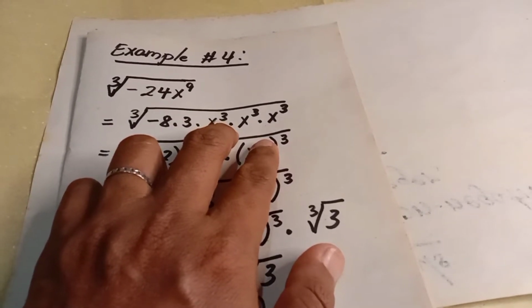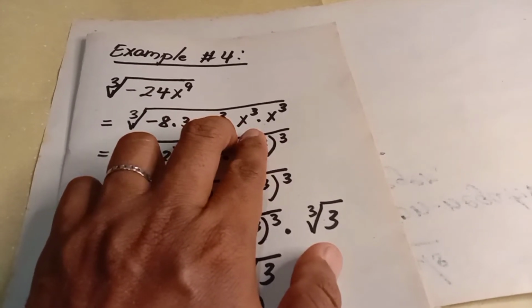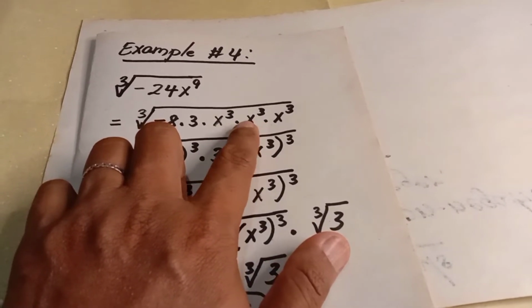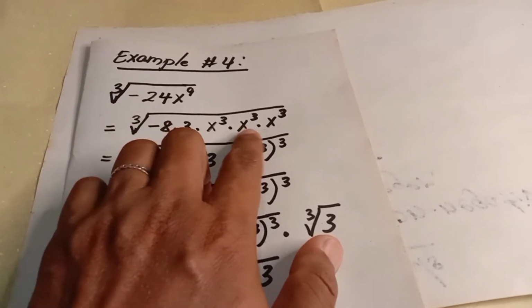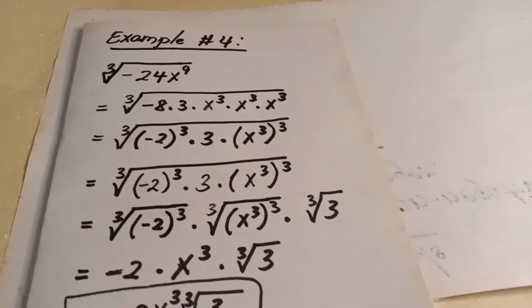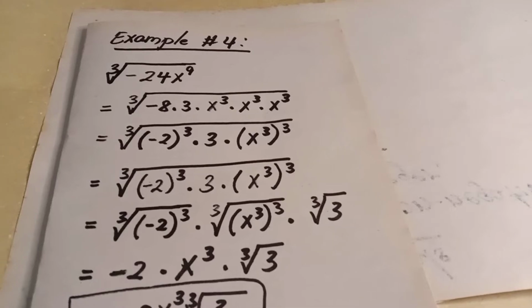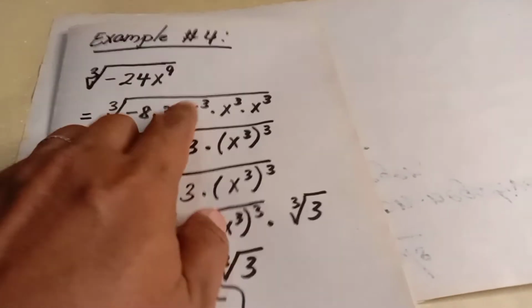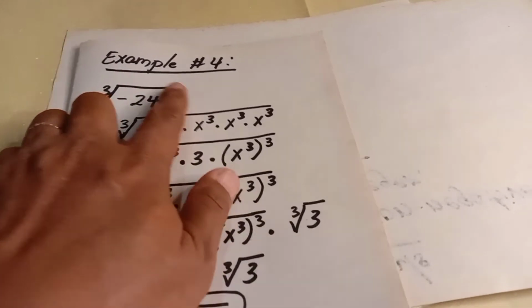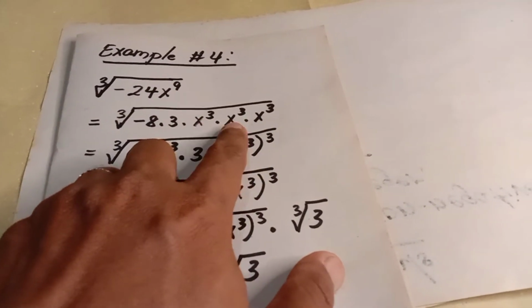We go back to our property of radicals. Diba guys, pag tinatimes natin yung exponential na variable, pag the same base, ina-add po natin yung mga exponent niya. So, 3 plus 3 plus 3 is 9. This is the same from the above. So, in-expand lang po natin.